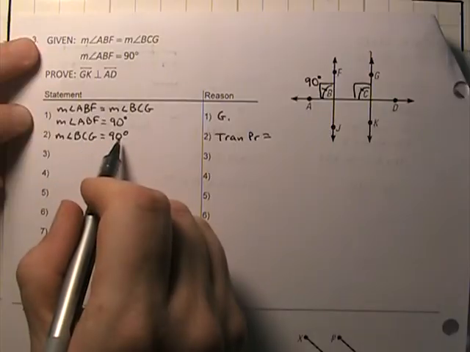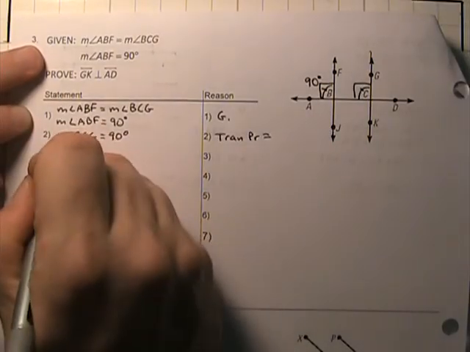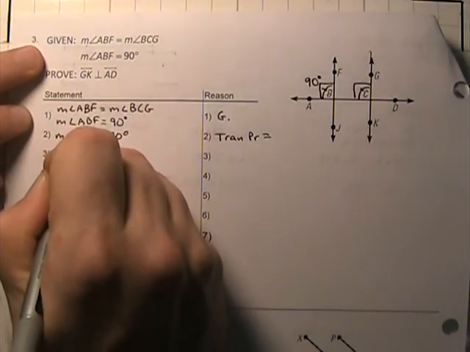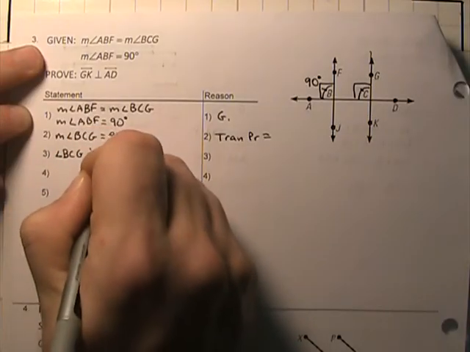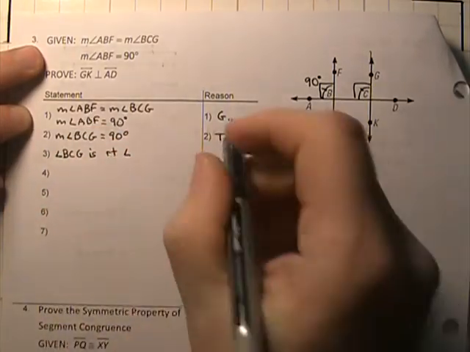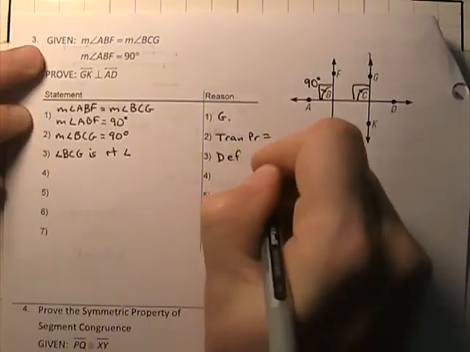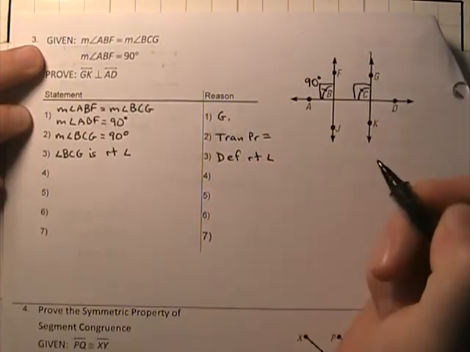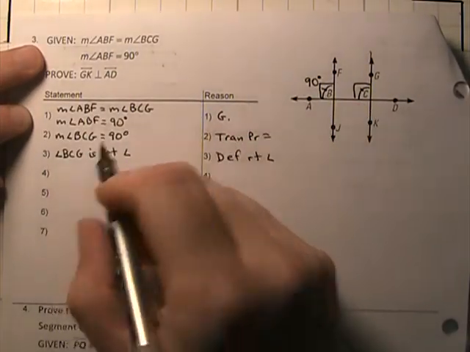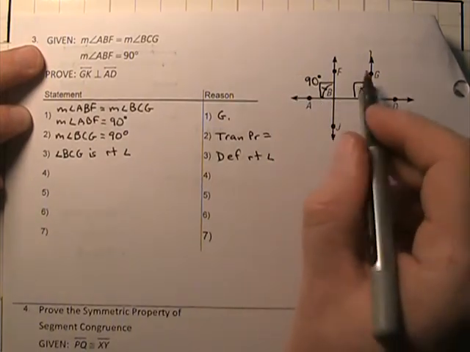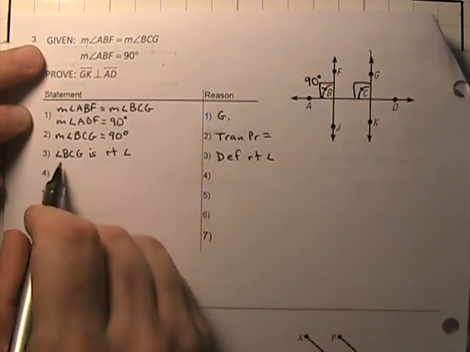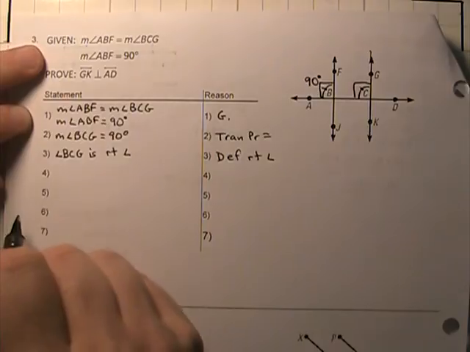And if this measures 90 degrees, I can say that angle BCG is a right angle. That's from the definition of right angle. Well, now I've gotten the picture here. It shows that these things do intersect, and I've shown that they intersect at a right angle.